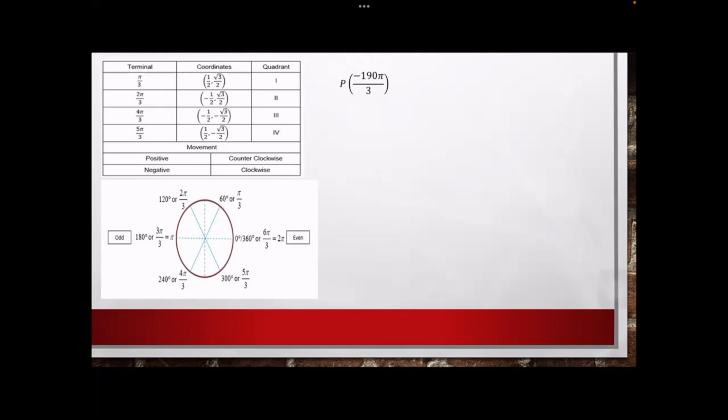Okay. Bilyeka, if we're going to divide the negative 190 divided by 3, what's the answer?